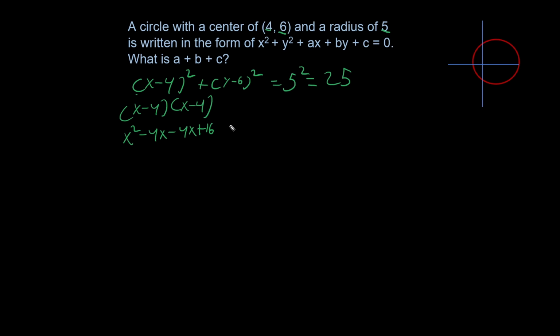This part is going to be (y minus 6) times (y minus 6), which is going to give us y squared minus 12y plus 36, exactly, equals 25, perfect.